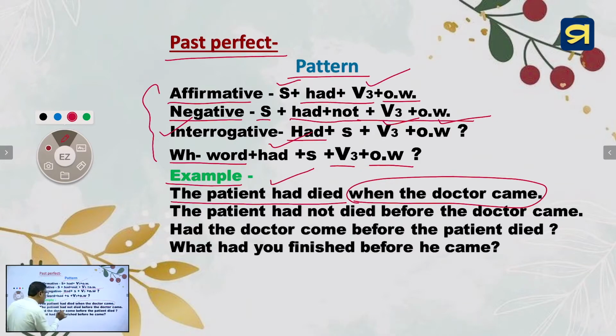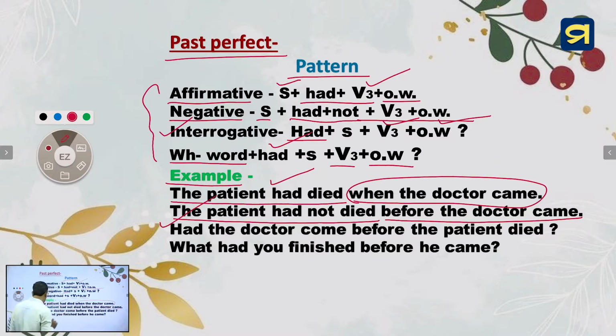Similarly, the patient had not died before the doctor came. When we write a sentence as an interrogative, you see, had the doctor come before the patient died? It is a yes-no interrogative.